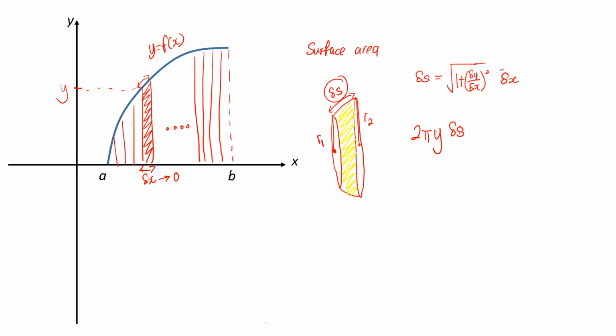You're going to find the surface area generated by all the other strips and sum it up, and we're trying to find the limit of this sum as my small change in x tends to 0. Now I'm going to replace my small change in s with this, and this is what I'm going to get.